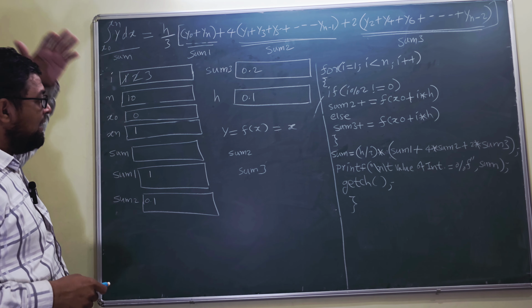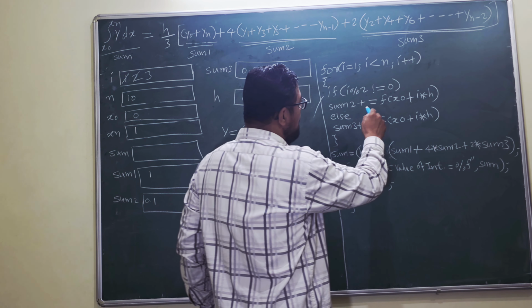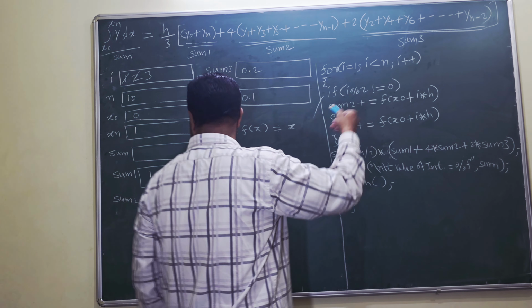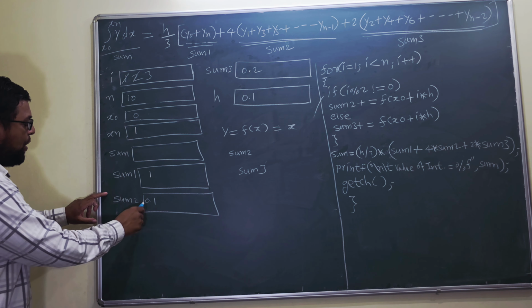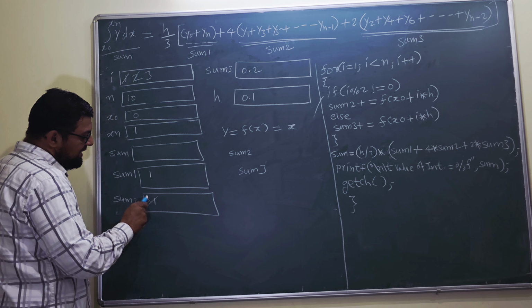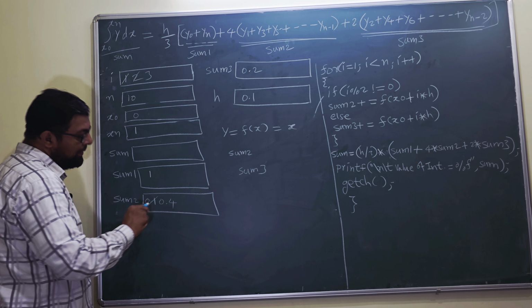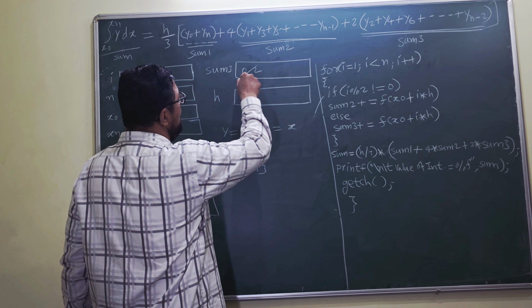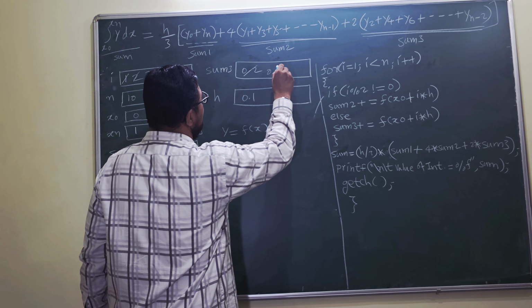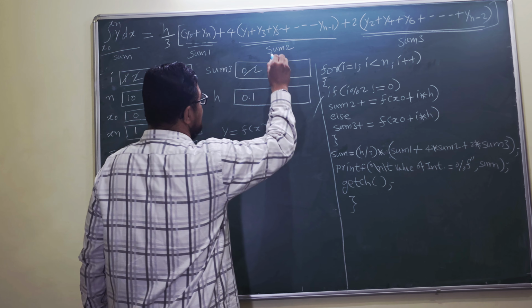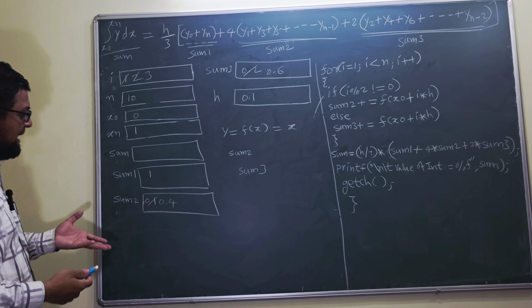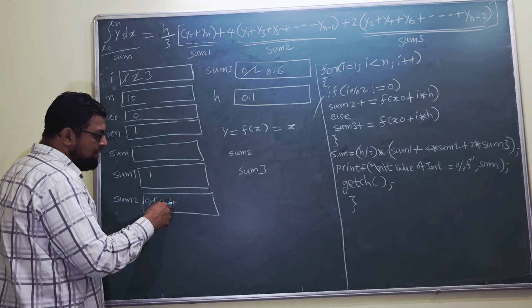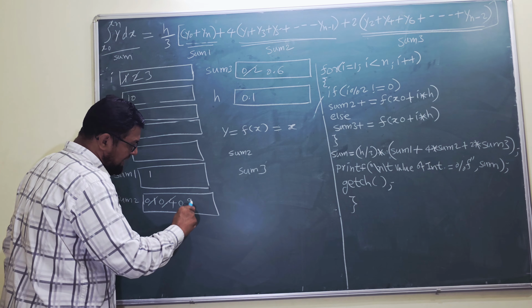Then in the next step, i will become equal to 3. For sum2, the initial value is already there, that is 0.1. In that it will add 0.3, so it will become 0.4. Then in the next step, 0.4 will be added here, so it will become 0.6. Then in the next step, 0.5 will be added, so it will become 0.9.